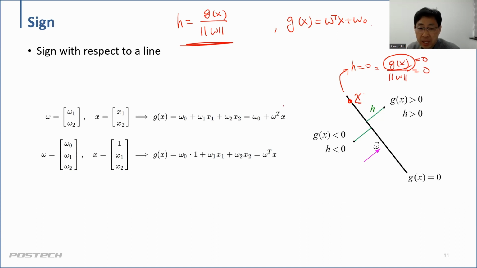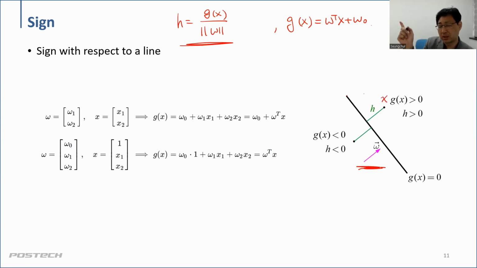Okay. And another one, say we have x over here, and given the vector is in that direction, for example, g of x is going to be positive for this case.